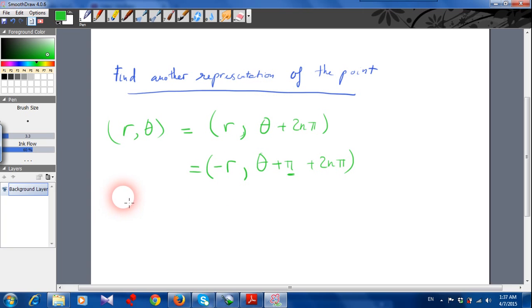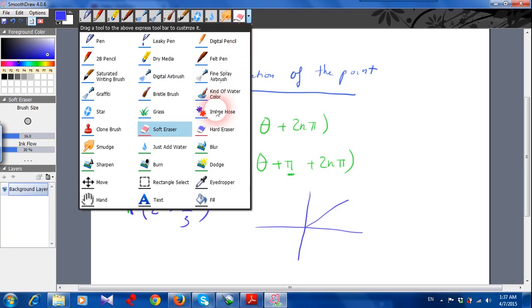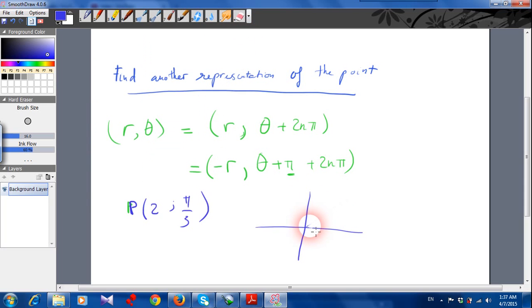So for example, we have a point like (2, pi over 3). So where is P? Pi over 3 and r is positive, so it will be on the terminal side here.